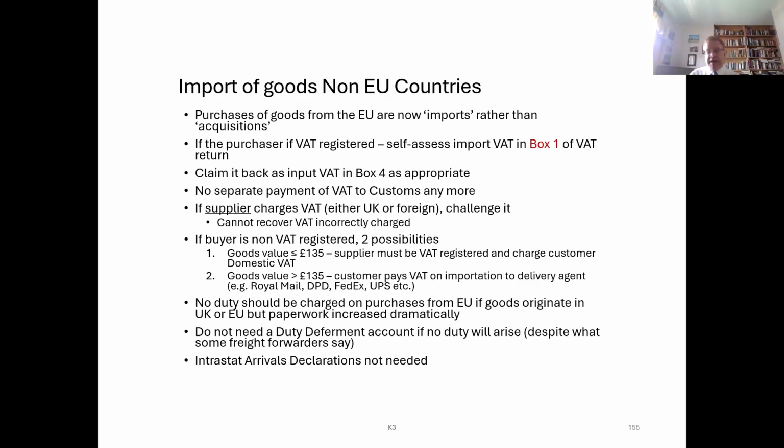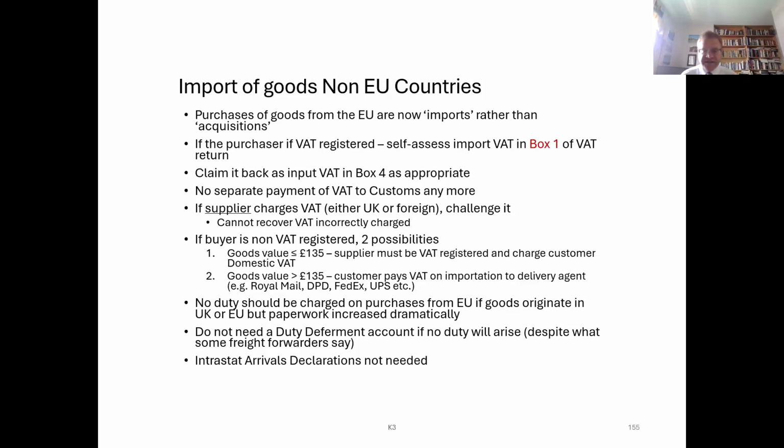If the buyer is non-VAT registered, there are 2 possibilities. The first talks about goods valued at less than £135: the supplier must be VAT registered and charge the customer domestic VAT. For goods valued greater than £135, the customer pays VAT on importation to the delivery agent, i.e. Royal Mail, DHL, FedEx, UPS.